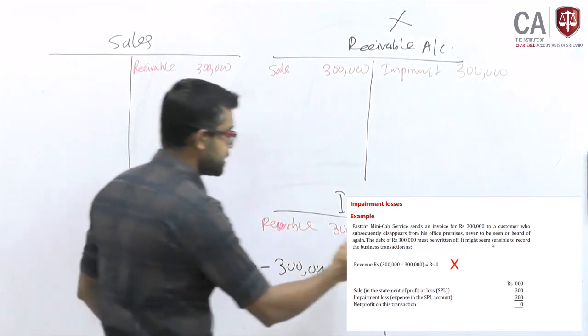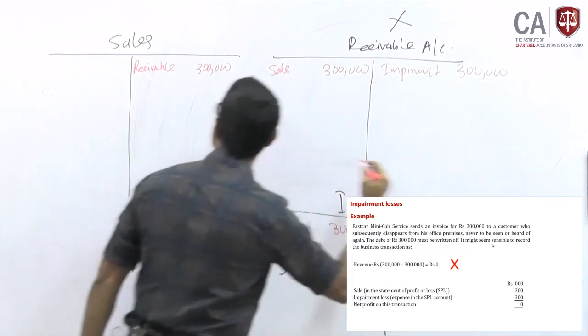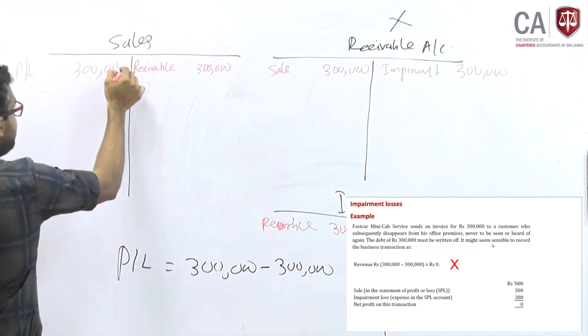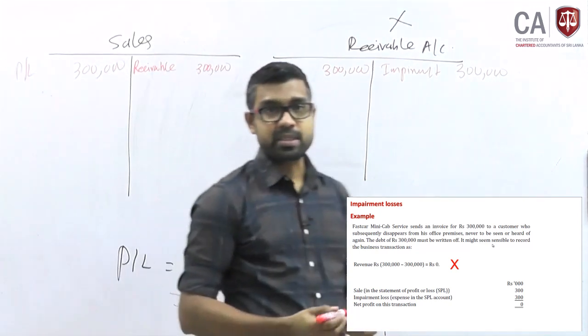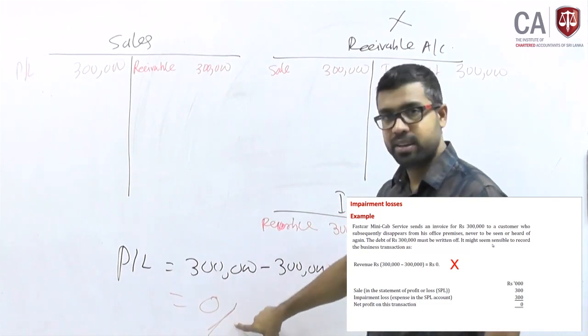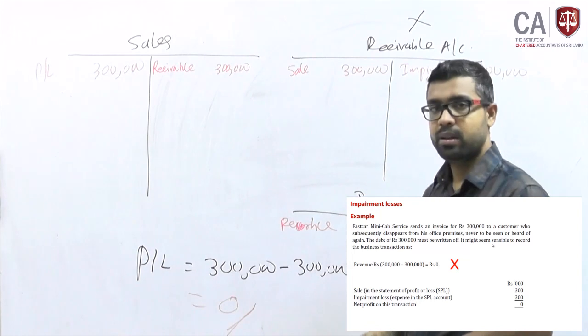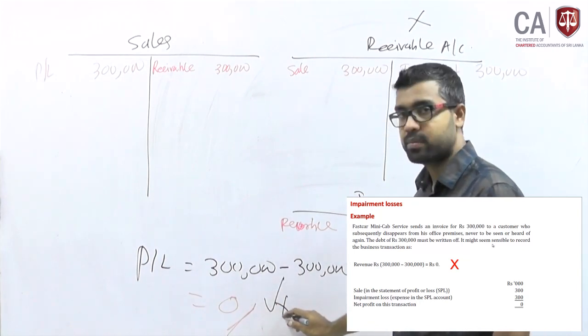So finally you will charge this to P&L, 300,000. So net P&L impact will be 0. Because of 0 impact to the P&L, you can't say there is no point of recording sales or receivable, we'll ignore this transaction. No, you can't do like this, right?